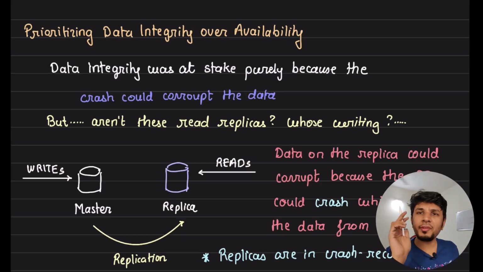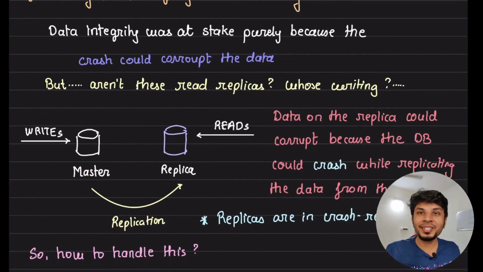But aren't these the read replicas that were going down? Why are they talking about data integrity? Because data integrity would be at loss when your data goes into an inconsistent state or is corrupted while writing. But who is writing on a read replica? The replication job.